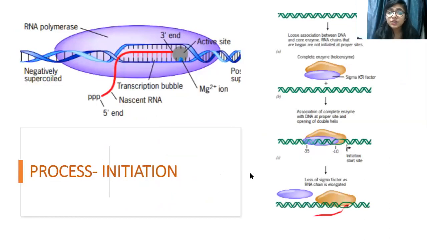So the first step of this process is the initiation. So what is initiation? Initiation means to start something, right? Which leads to a process. So when RNA polymerase recognizes the -35 and -10 consensus sequences, it binds to them along with its sigma factor.